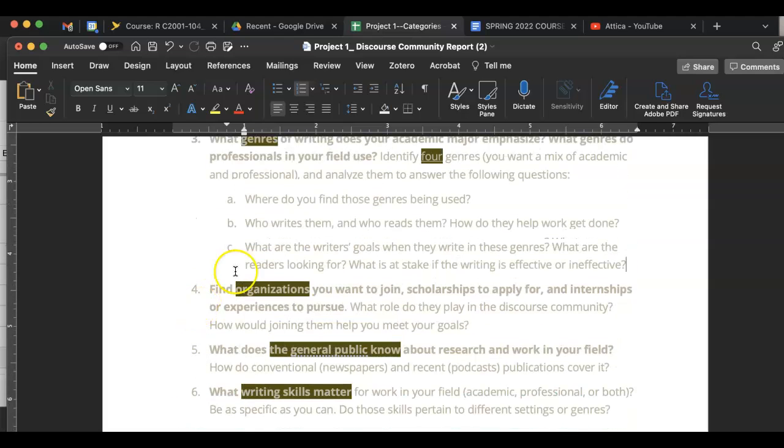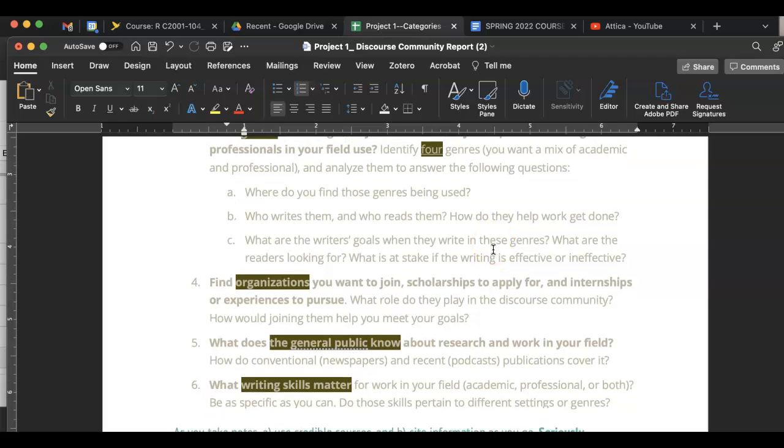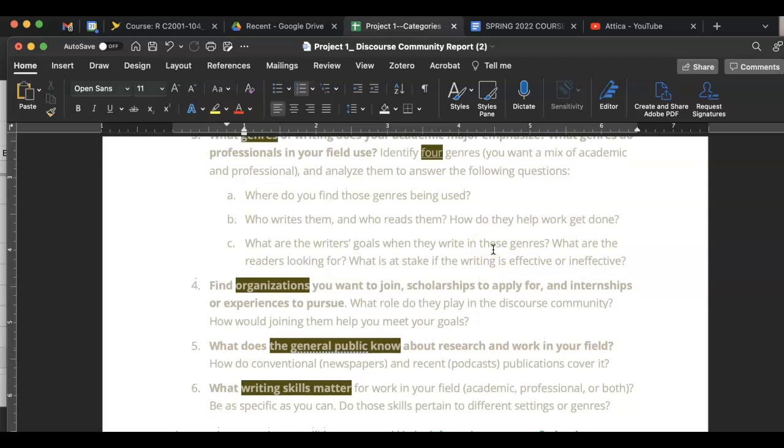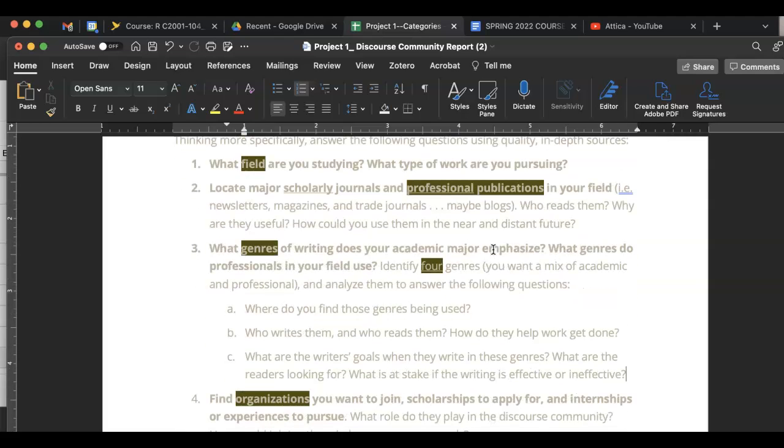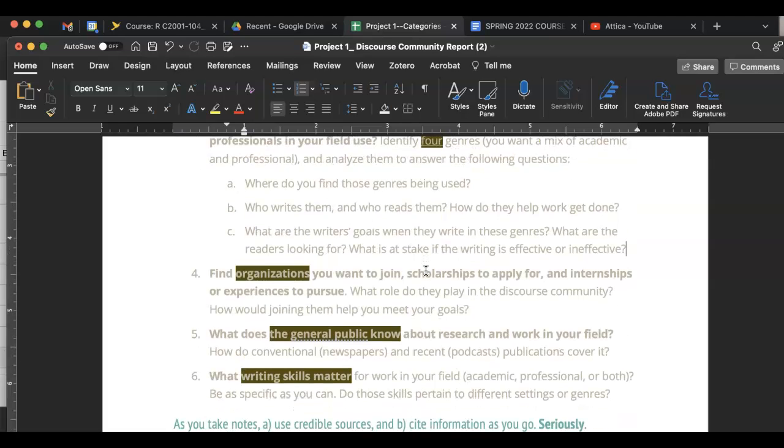Number 4, so that's pretty clear. Bethany did not attach a length requirement or a number of sources per se. She did say 4 genres of writing that your field or academic major emphasizes, or uses.